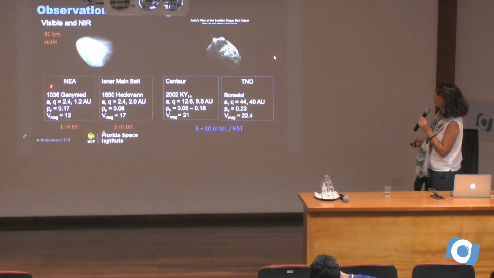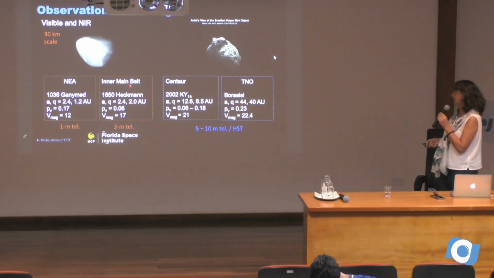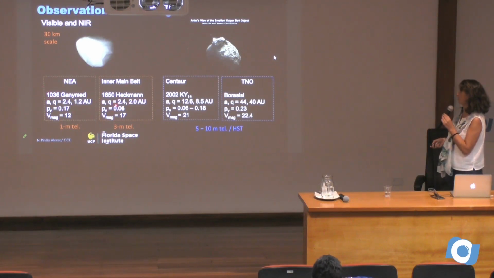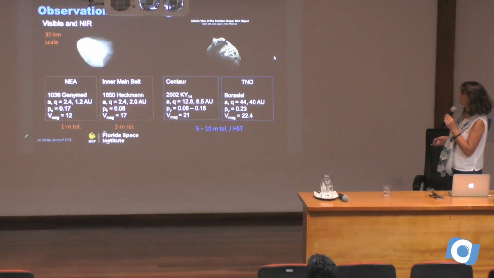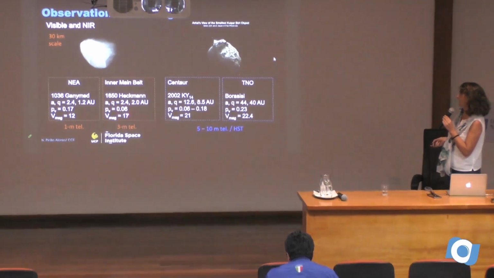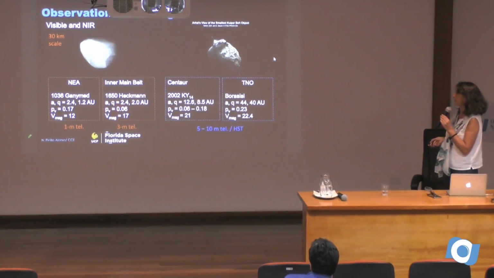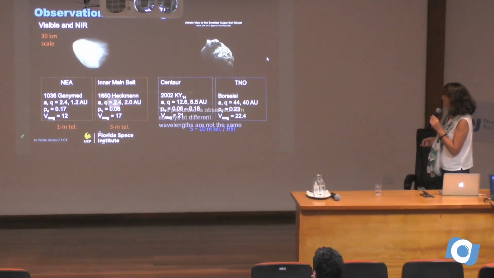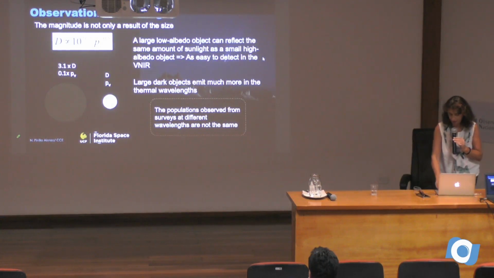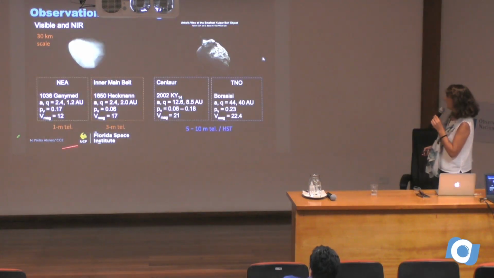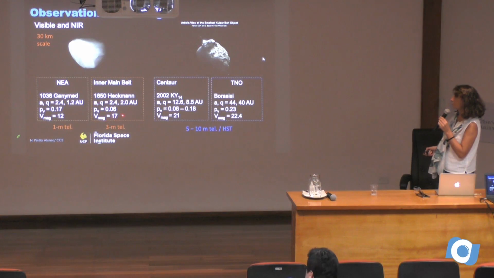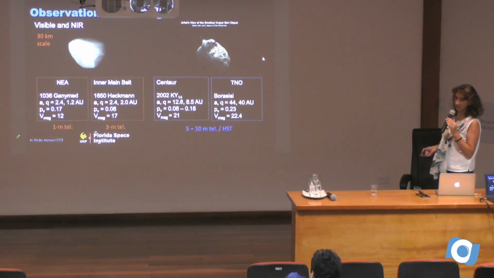If you move from the near-Earth asteroid population to the inner main belt, like this object, for example, at the same scale of size, and these would be the orbital parameters, well, the albedo of this object is around 6%, that is typical for asteroids also. And the visual magnitude will be now 17, which means that you need a 3-meter telescope.